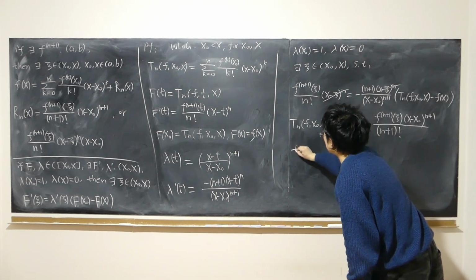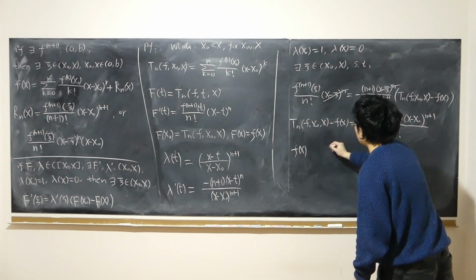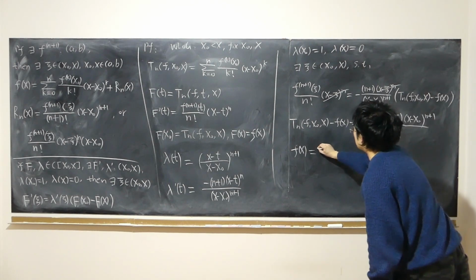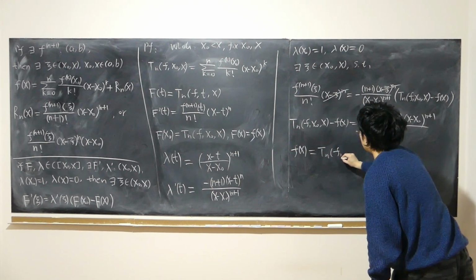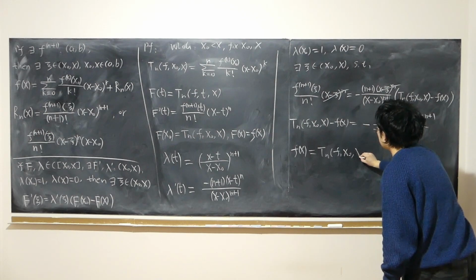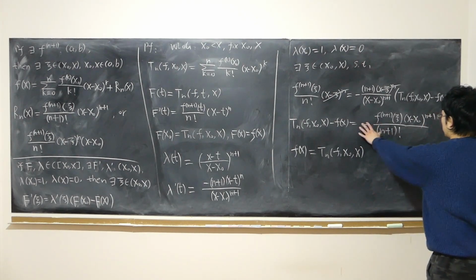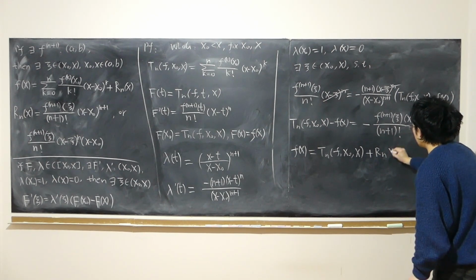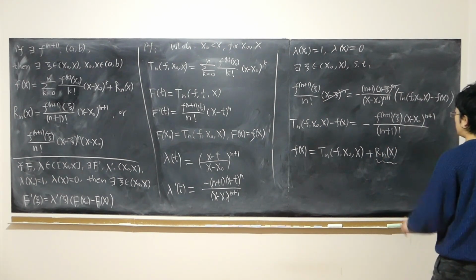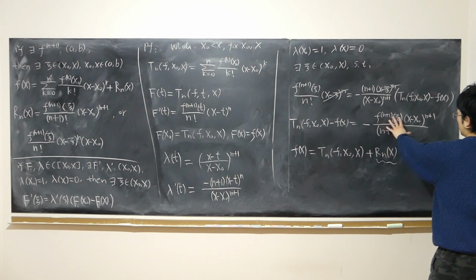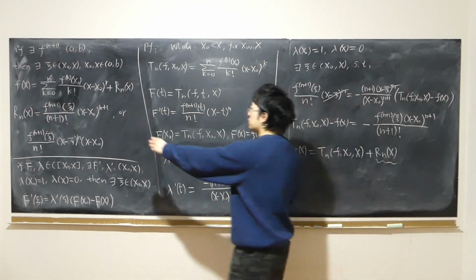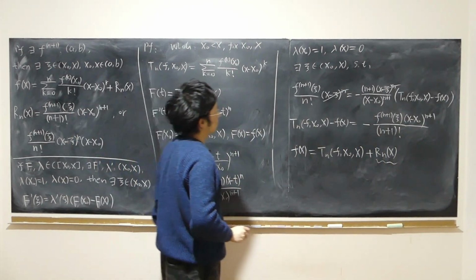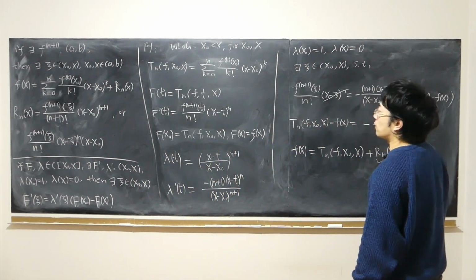Then we simply work out f of x equal to Tn of f x naught x plus this, that is Rn of x. What is this? Lagrange remainder. Exactly, Lagrange remainder.